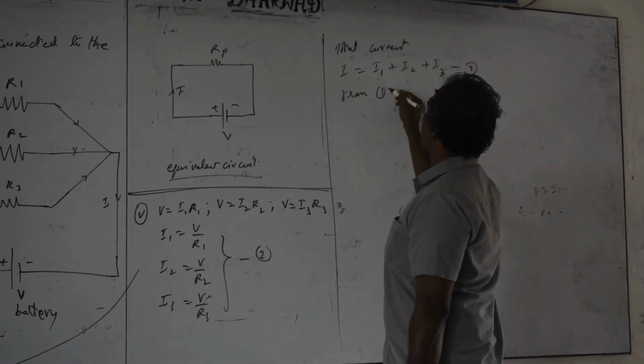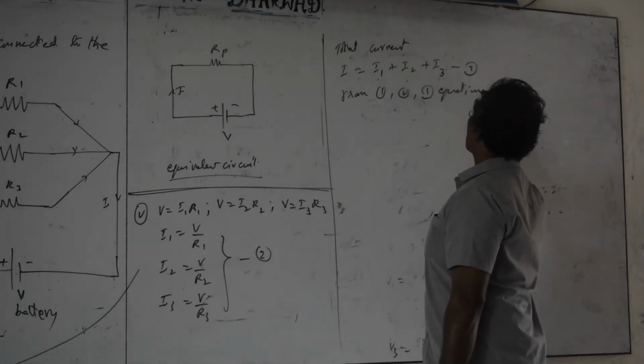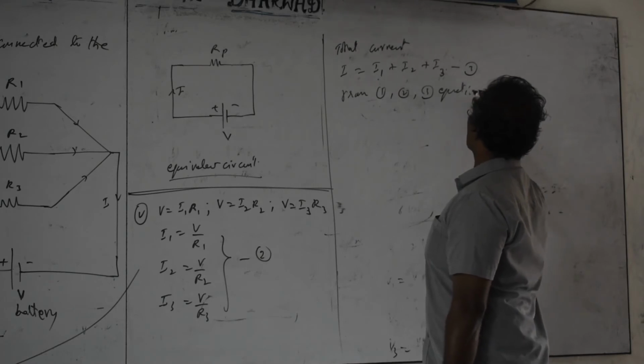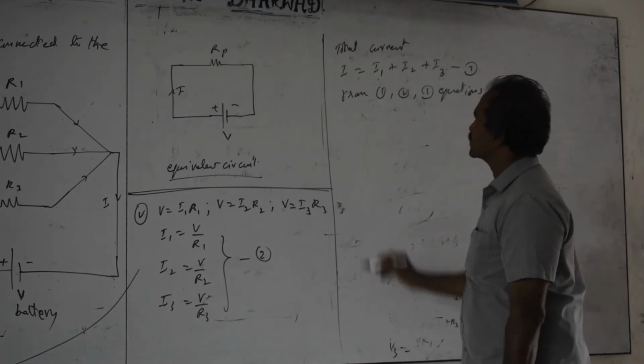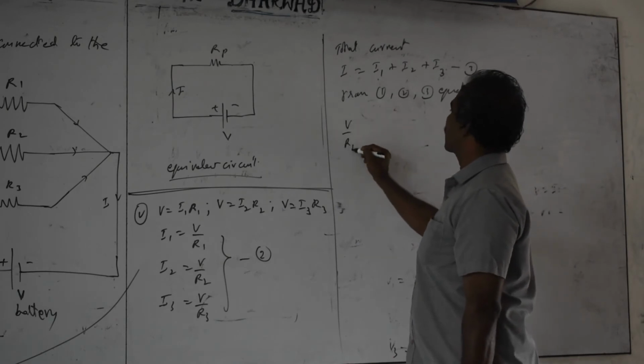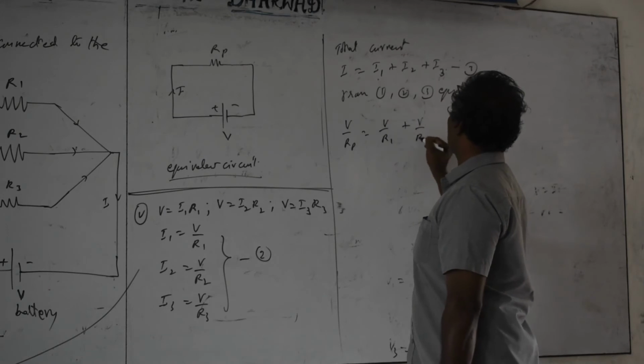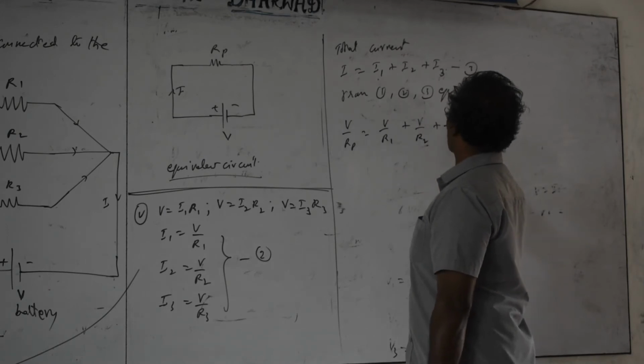From equations 1 to 3, I is equal to I1 plus I2 plus I3, which is V by R1 plus V by R2 plus V by R3.